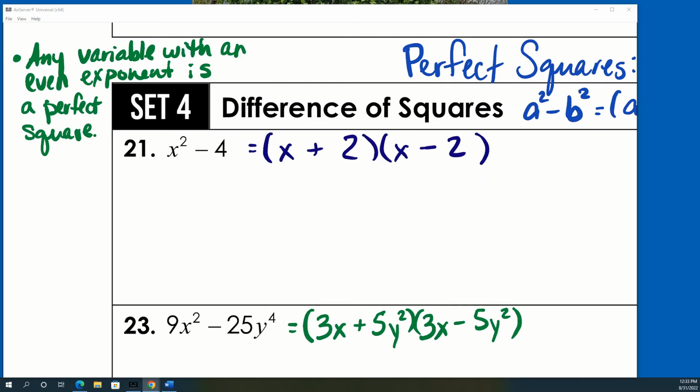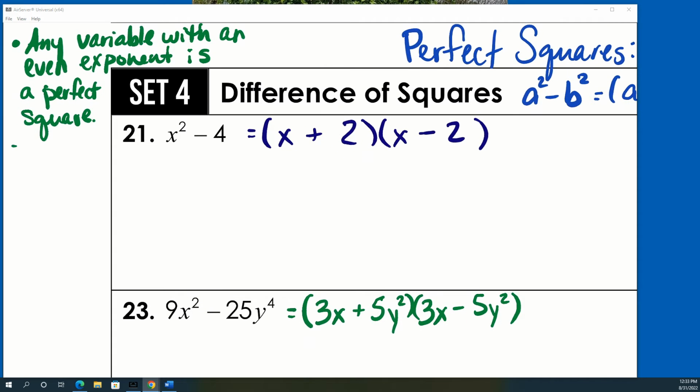Any even exponent is going to make the variable a perfect square. And then you're going to need to be able to take the square root. So to find the square root of a variable, take half of the exponent. Now, obviously that's only for variables. That's not how you do the square root of numbers. It's only how you do the square root of variables.